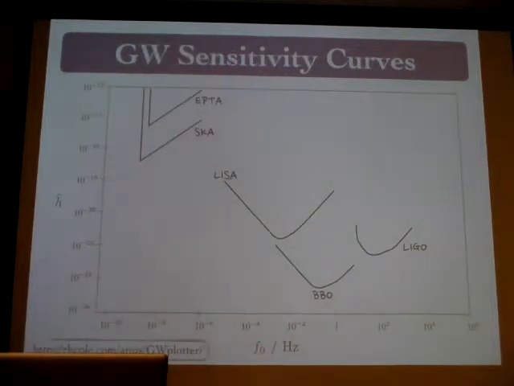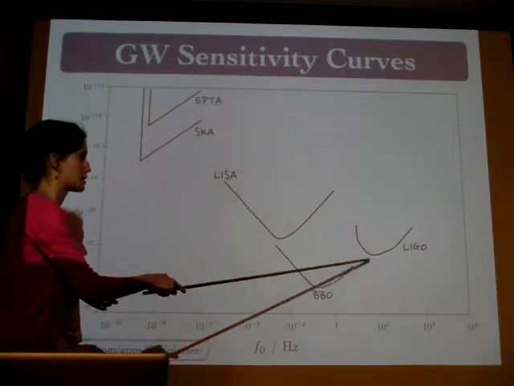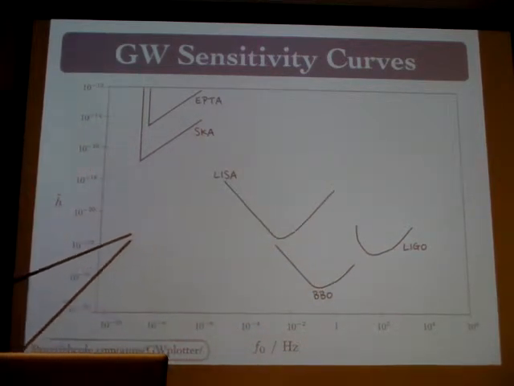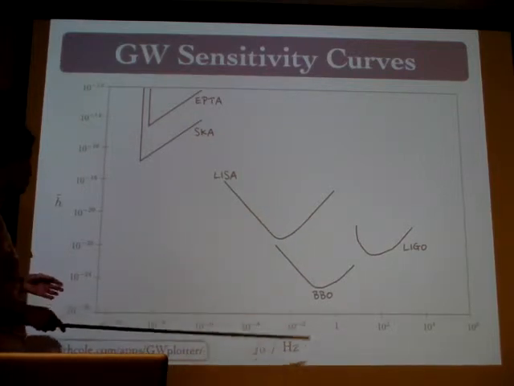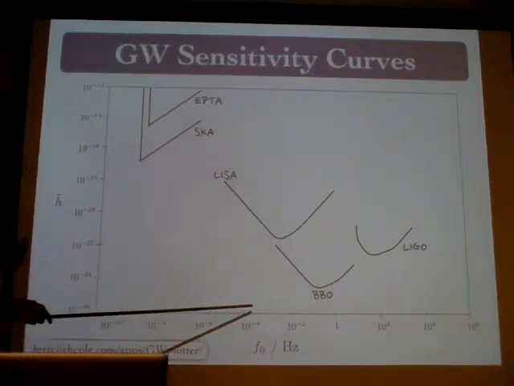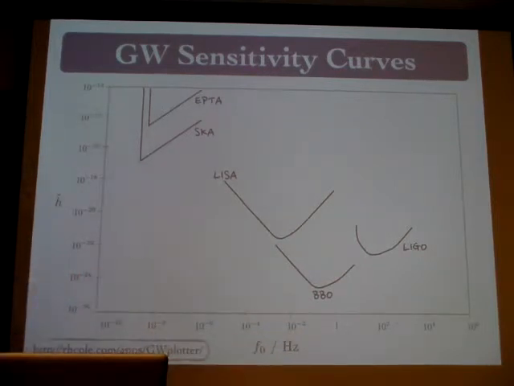Right, so this is a plot of the sensitivity curves of a few gravity wave experiments, in terms of the strain they can detect as a function of frequency. So for instance, LIGO, as you all know, operates between 10 and 10^4 Hz, and has a peak sensitivity of around 10^-21. eLISA, which hopefully will be operating not very long from now, will be operating in the 10^-5 to 1 Hz region.